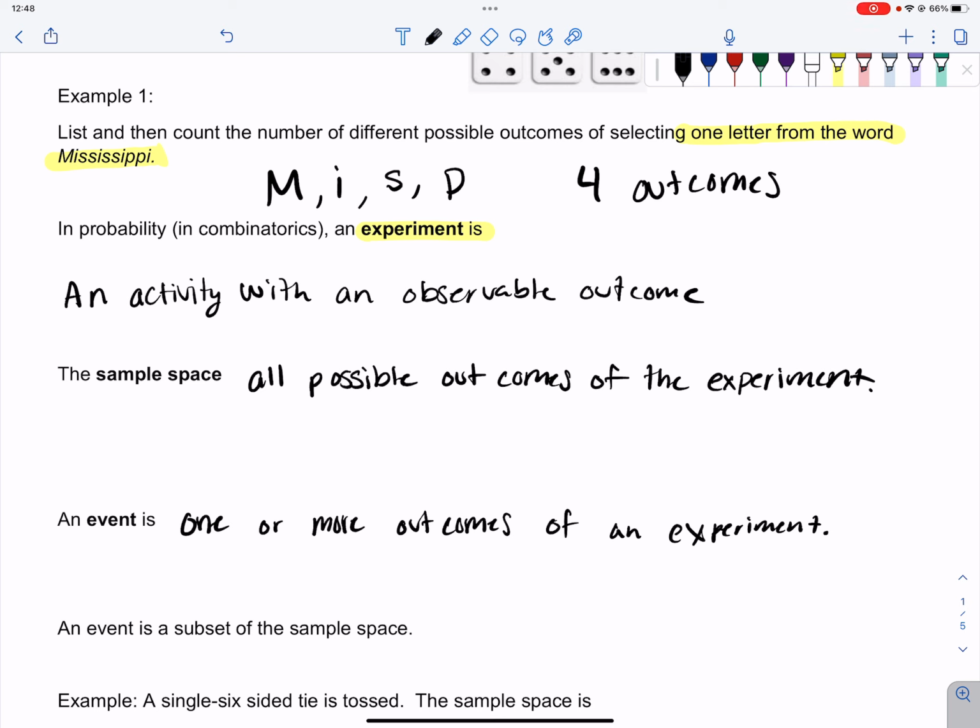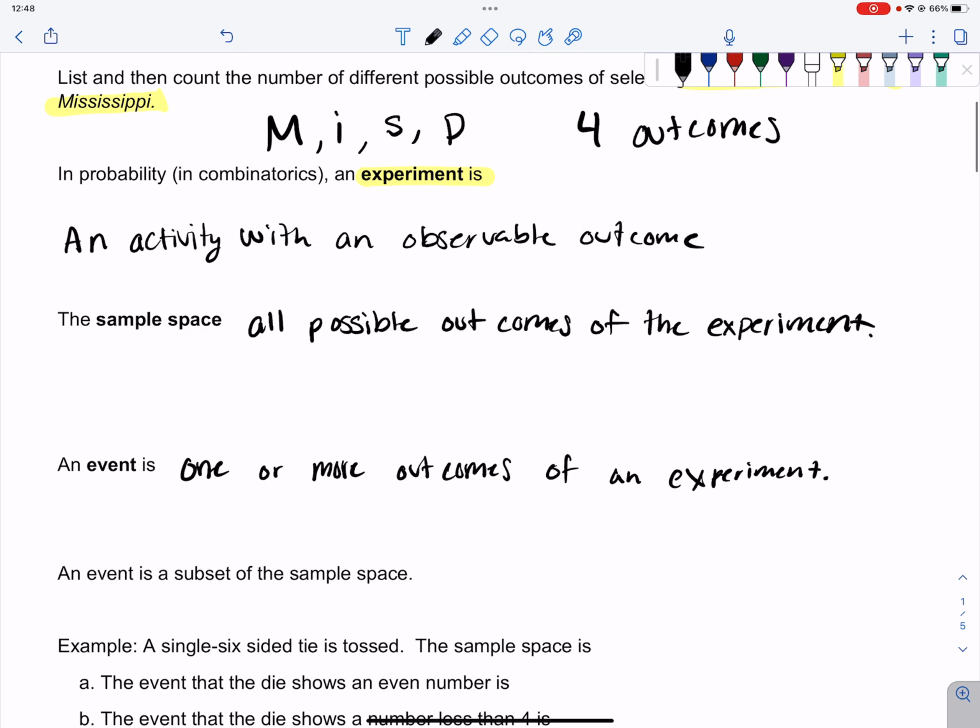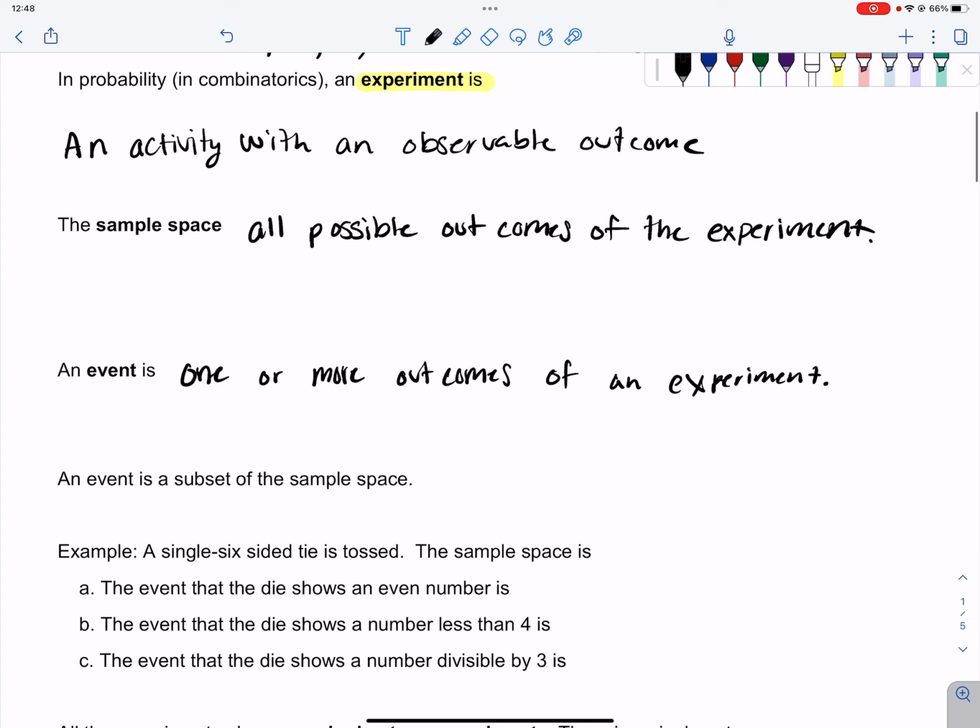Anything that would be that possibility is then one of my options there for this event. And the other thing here with events is that it is always a subset of our sample space, meaning we're only able to grab from the sample space to put things in the event. We can't have something be in the event and it's not in the sample space. It doesn't work that way.